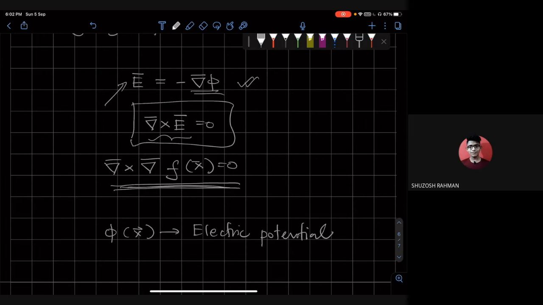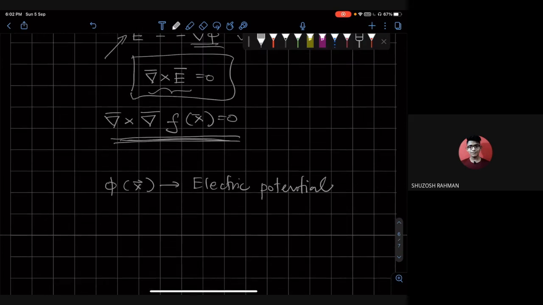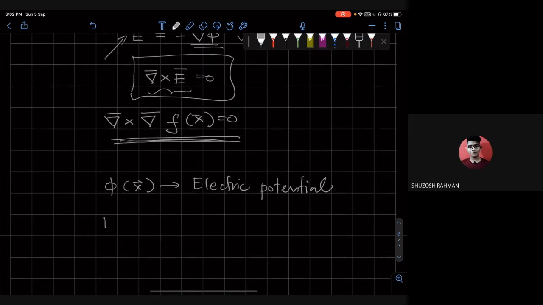Because what we are doing by defining the gradient is that we are trading in a variable with 3 degrees of freedom per point in space-time, the electric field, for a function which has only 1 degree of freedom, so to speak, at every point in space-time, right?